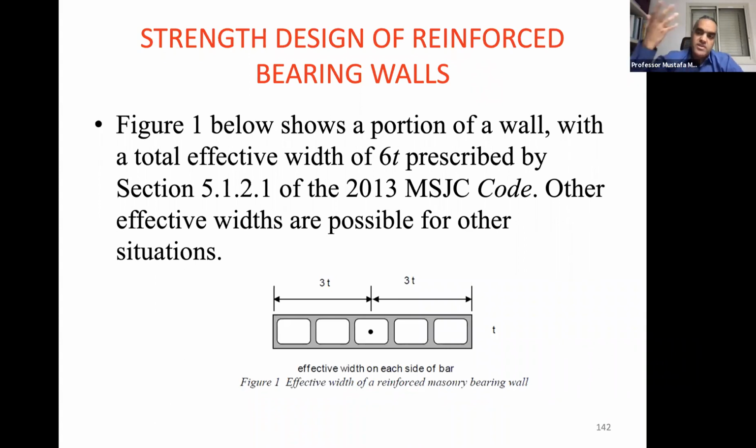If you have a multi-story reinforced masonry building, as the load accumulates, when you get to the first story you may need one rebar in every cell, sometimes two rebars in every cell.